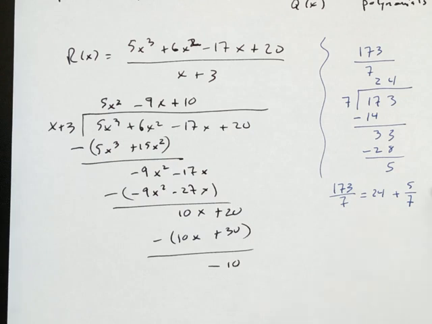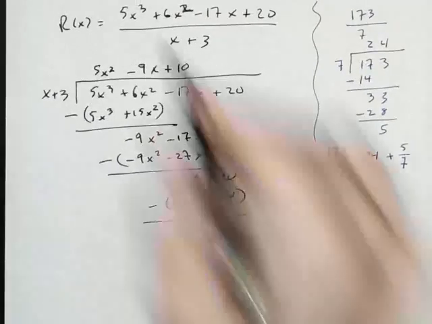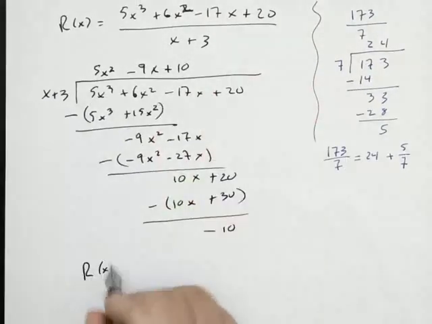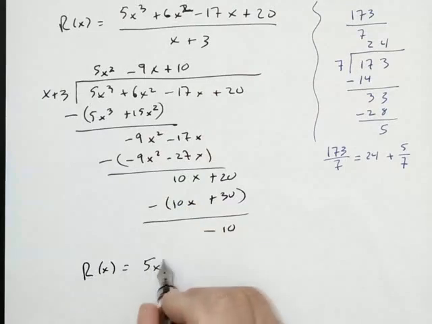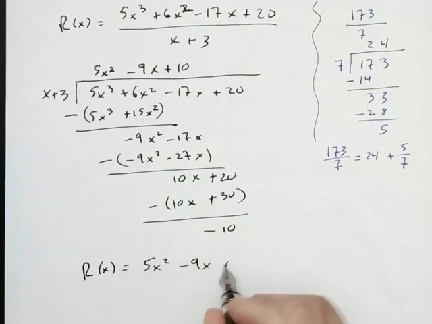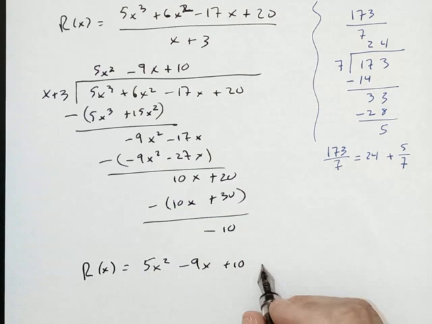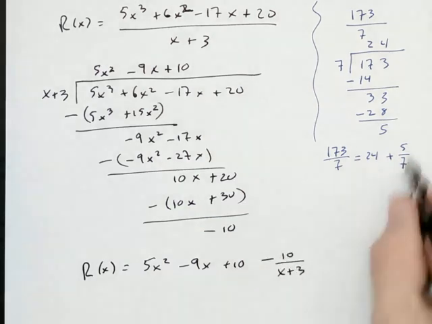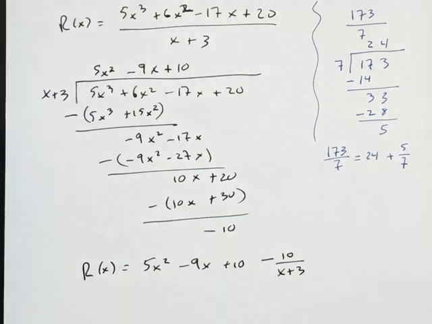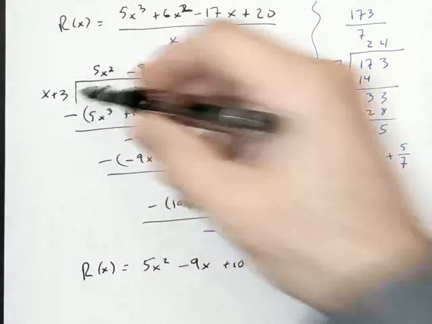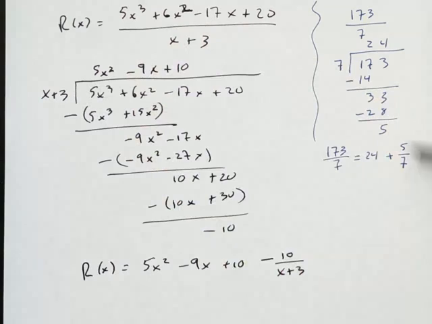So I can rewrite r of x this way as our mixed form. Instead of writing it as that big thing, r of x is really 5x squared minus 9x plus 10 minus 10 over x plus 3. That's my remainder over divisor, just like I got 5/7.